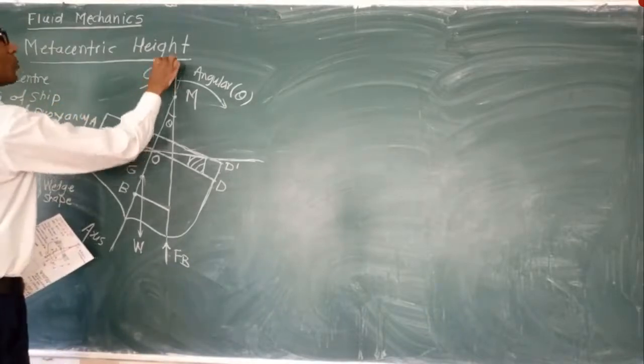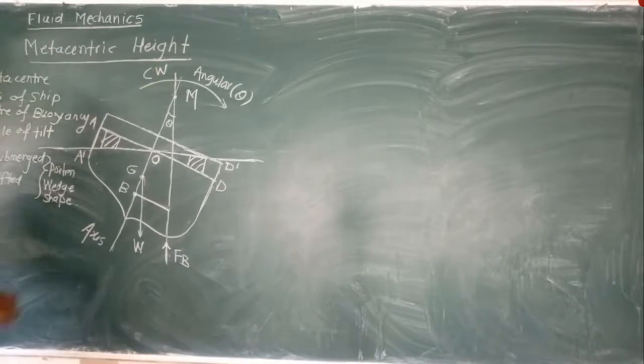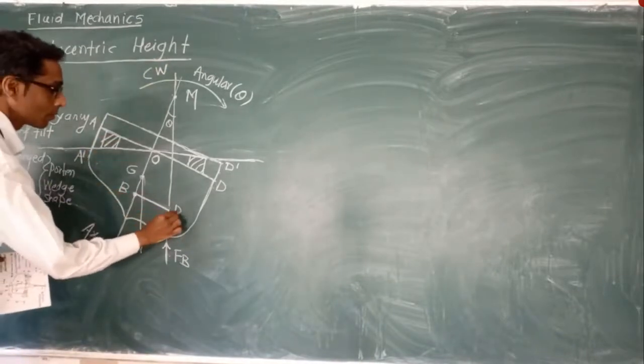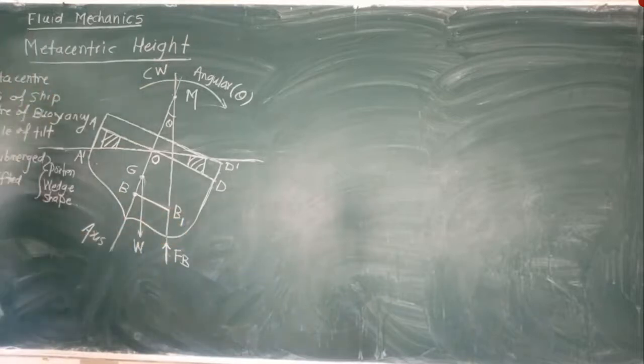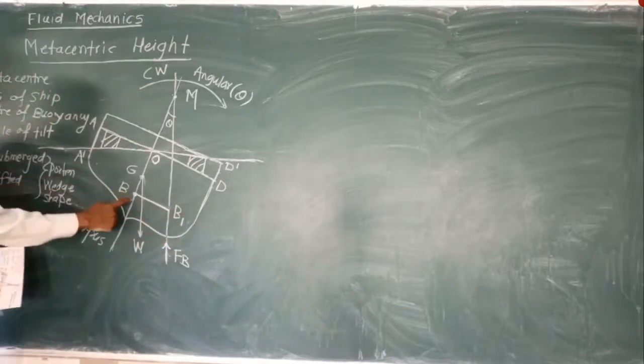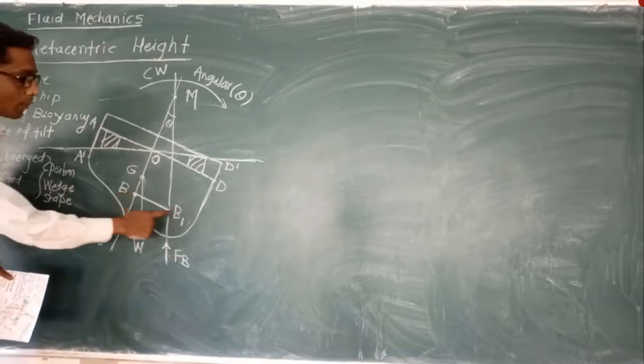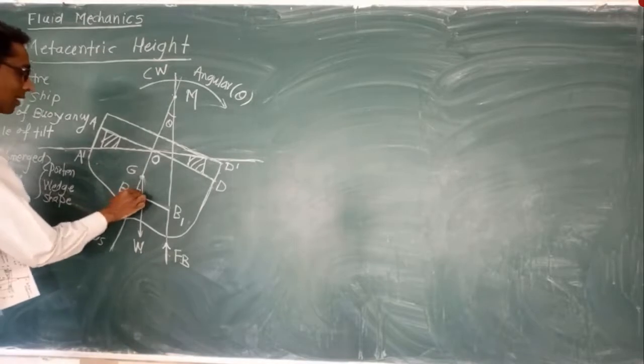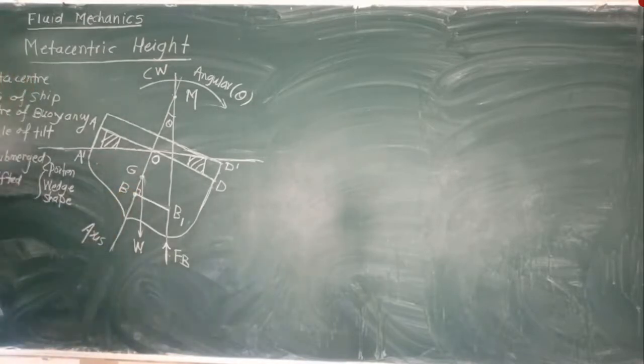CW means clockwise. Because of that, point B is shifting to B1. So here we have this triangle MBB1.